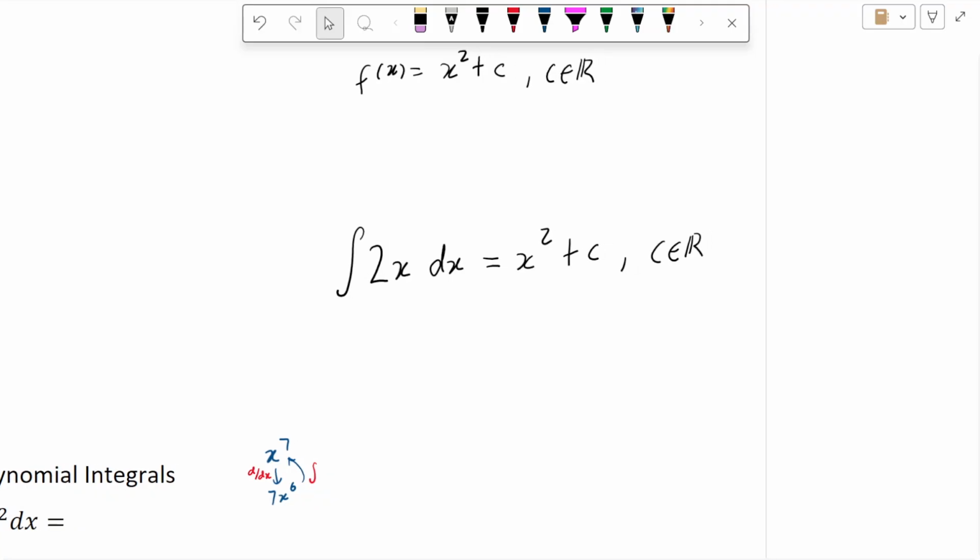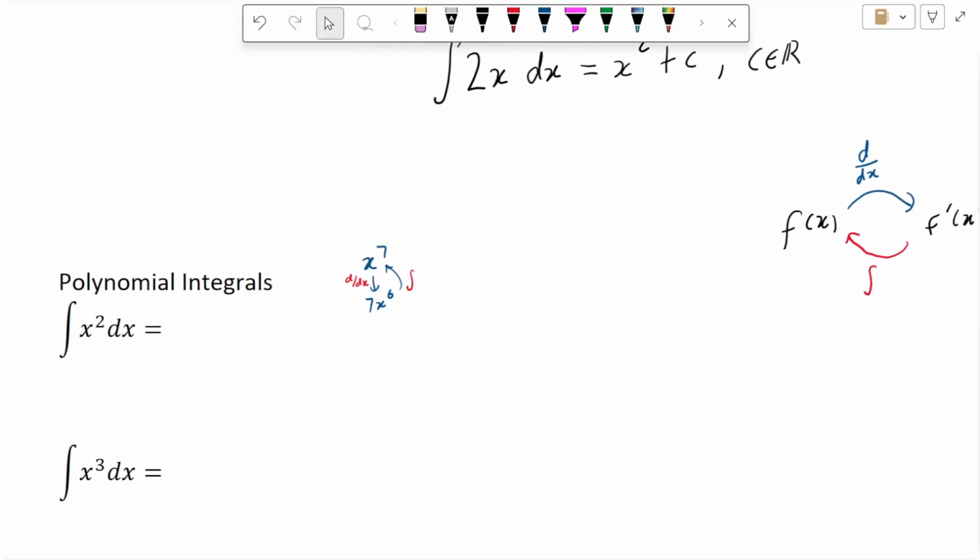Now, the integral thing here, if we took f and we differentiated it, so usually we write that as like d by dx or whatever, then we get the derivative. Integrals are the opposite of that. So the integral is the opposite of the derivative.